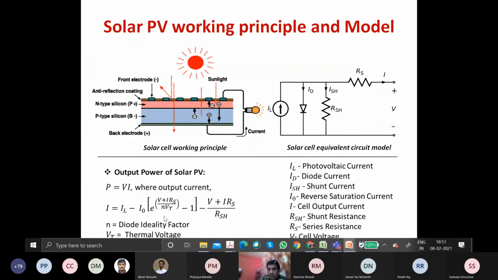Then minus the shunt resistance current, which is (V plus I RS) divided by RSH. So this is the electrical equivalent model of the solar PV cell. This representation of ID with I naught is known to you, where n is the ideality factor and Vt is the thermal voltage. Any question here?